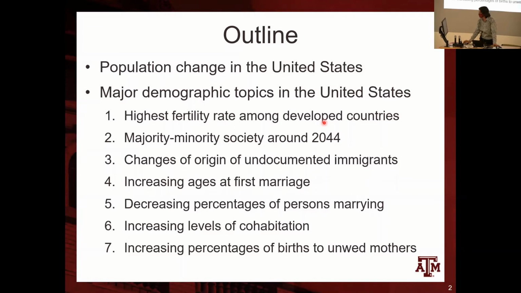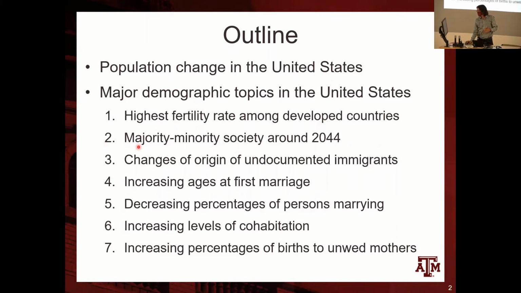Okay, so immigrants tend to have higher fertility than US natives, but then the children and grandchildren of immigrants tend to have more similar fertility to US-born people because they are also US-born.